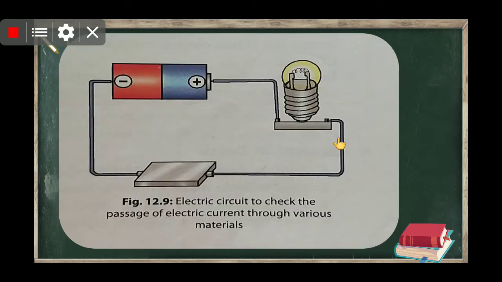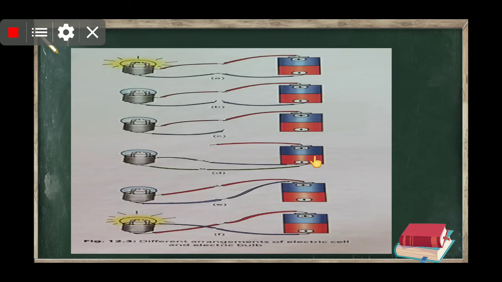You can see here that a dry cell and a bulb are connected, and this is a switch, and this makes a circuit.